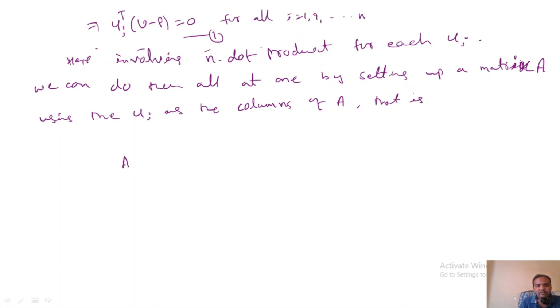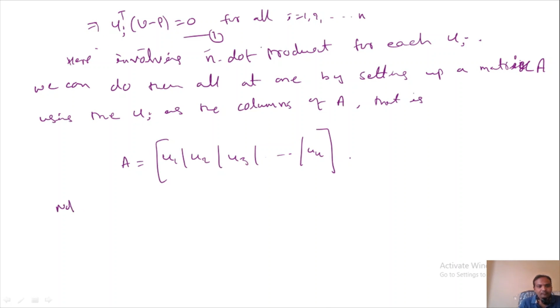Suppose I set A equal to this matrix: the first column is U1, the second column is U2, the third column is U3, and so on, and the last column is Un.